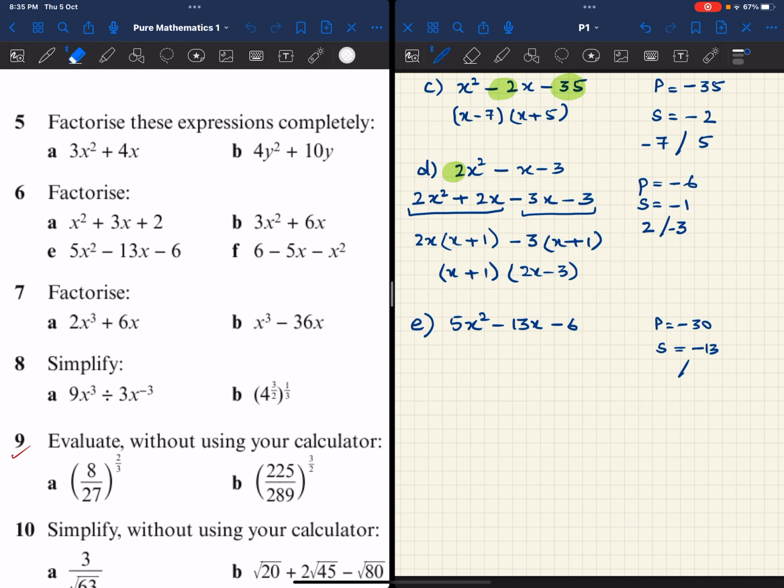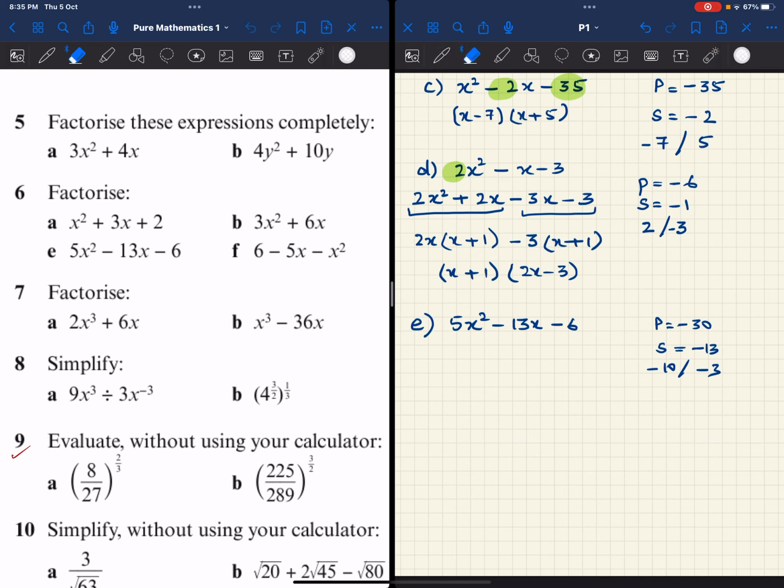So that is minus 10 and minus 3. They give us positive 30. So we can't take it as positive 30 because our product is negative 30. Is there any other combination?